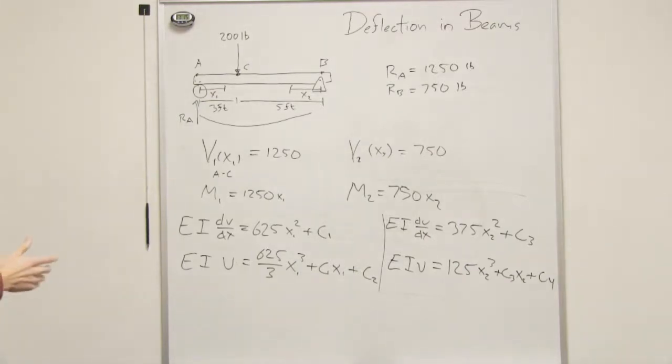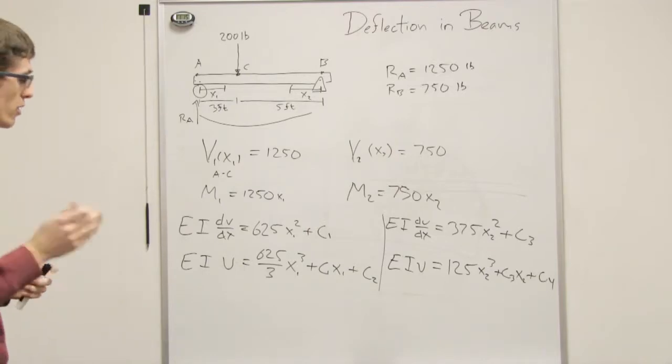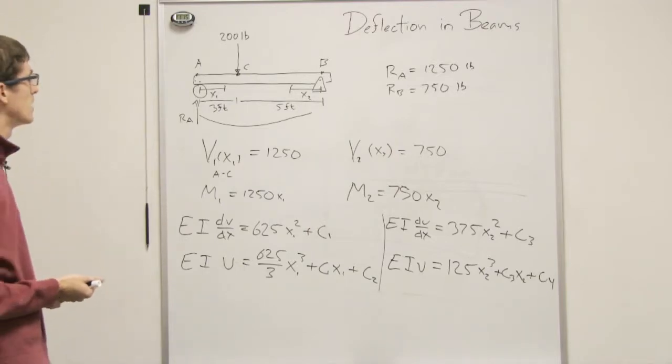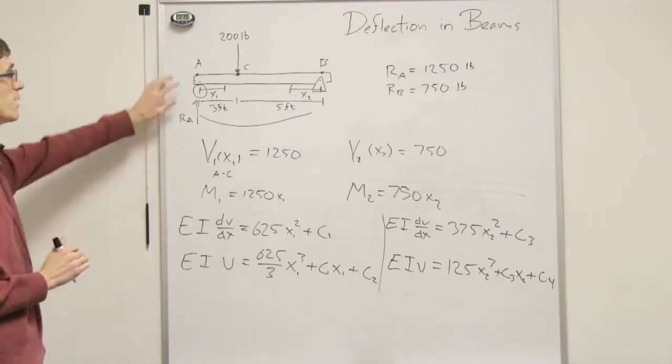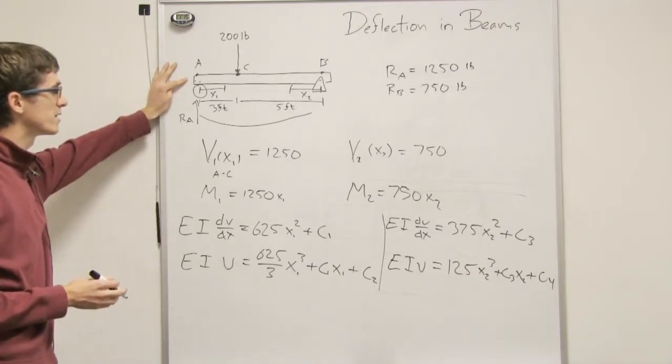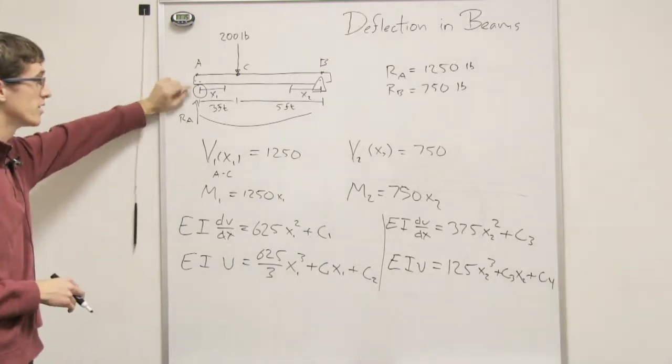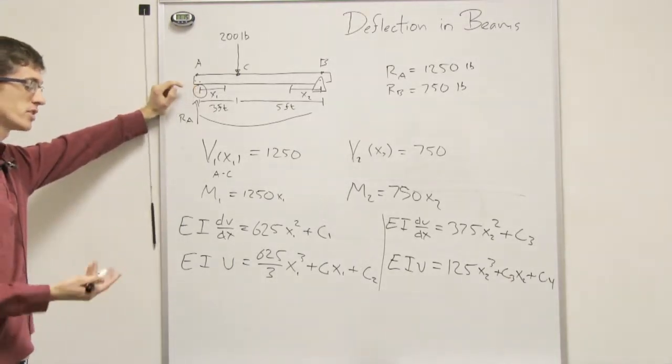I'm going to write down, if you want to figure out what those C's are, you need to find key points where you can solve for them. And the key points we can look at is A. What's happening at A? Well, we know that there's going to be no movement at A. It's stuck there because of that support.